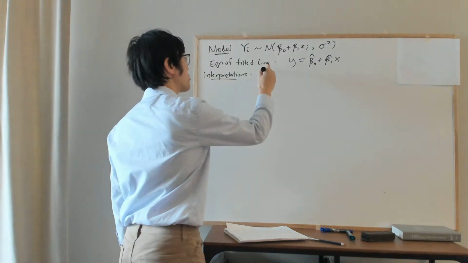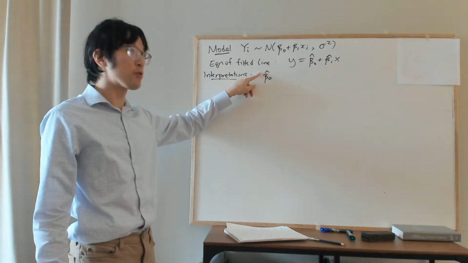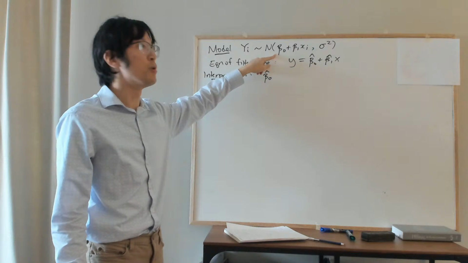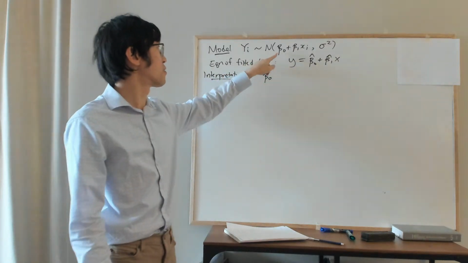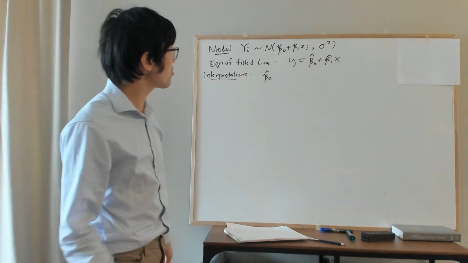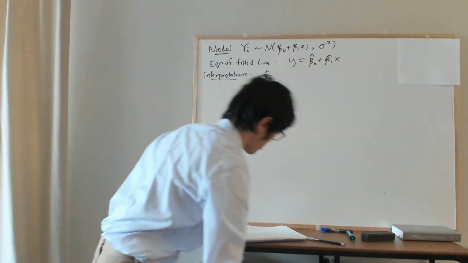So how do we interpret our estimates? Remember when we talk about the estimate, we put a hat on top to distinguish it from the true but unknown parameter. So beta 0 hat is our least squares estimate for beta 0. How do we interpret this?